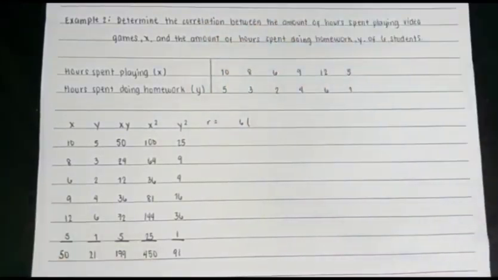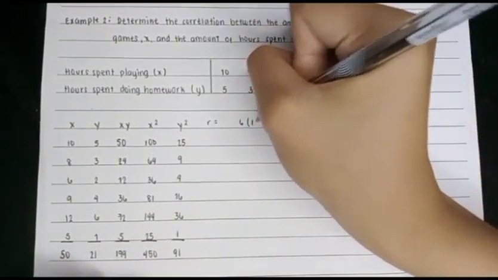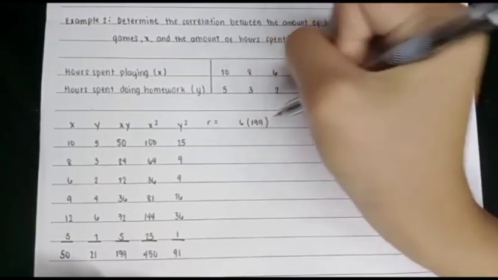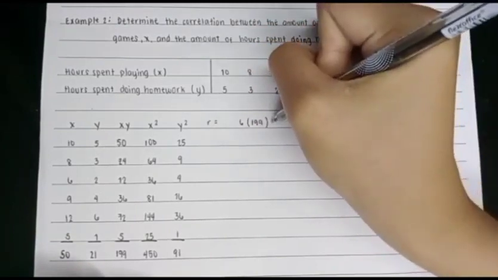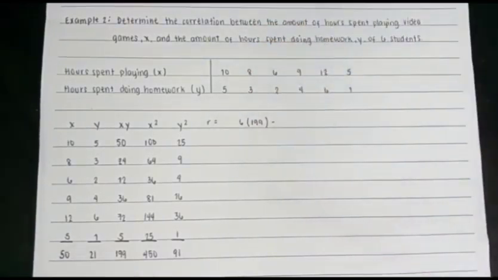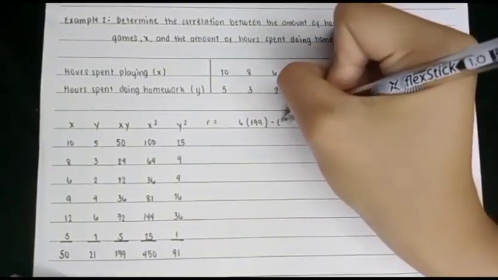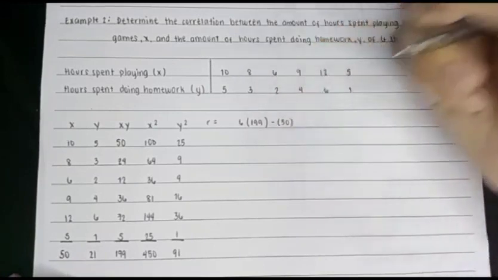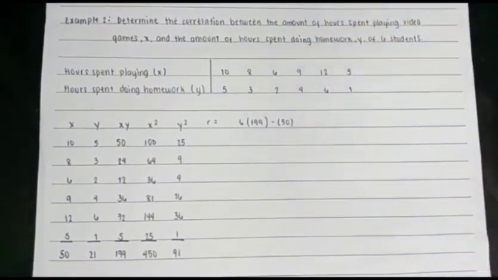Then, the sum of our xy, which is 199. Minus the sum of our x, which is 50. Then, multiply the sum of our y, which is 21.